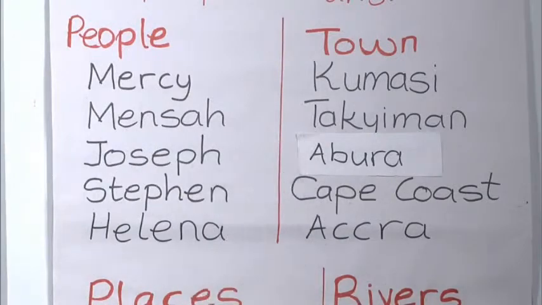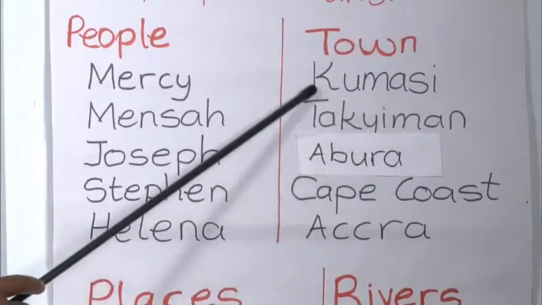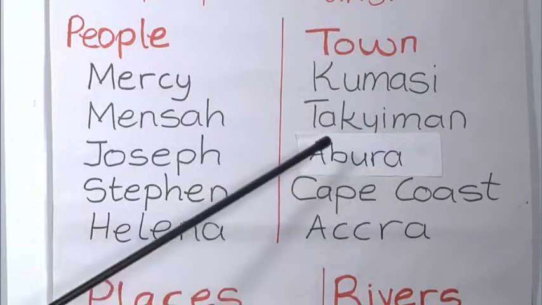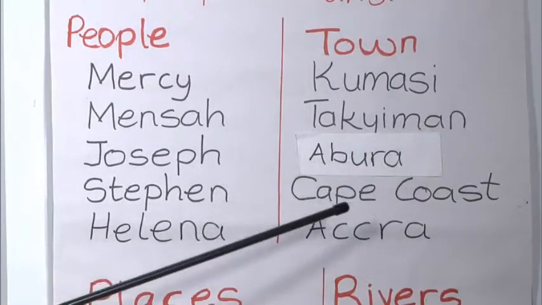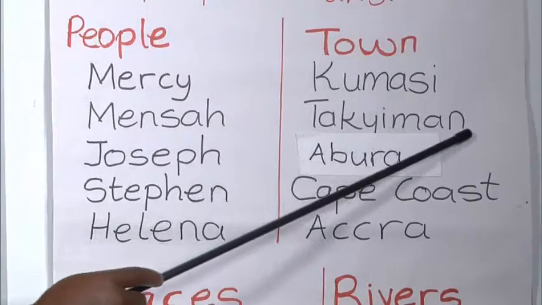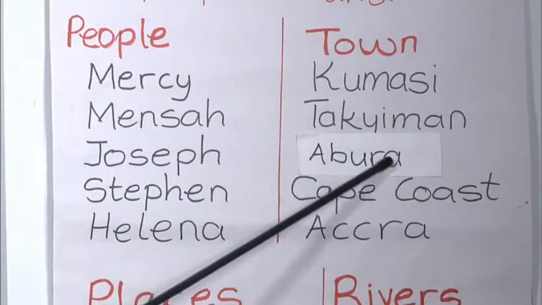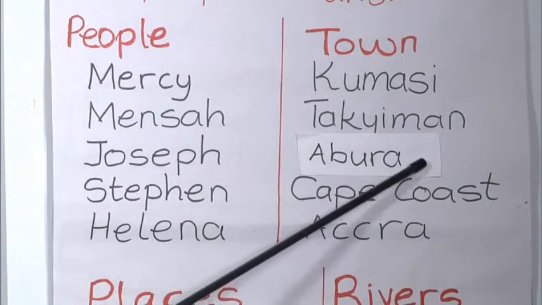Let's look at names of towns. We have Kumasi. Techiman. Abura.